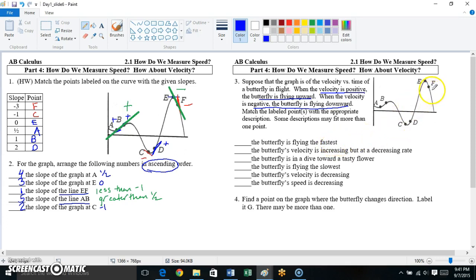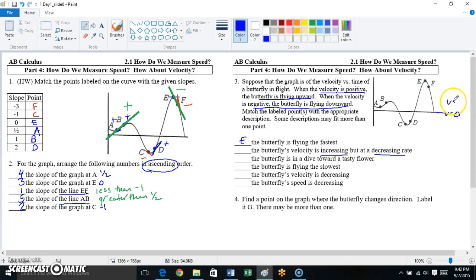All right, and I believe that happens at E. The butterfly's velocity is increasing, but at a decreasing rate. Okay, so if the velocity is increasing, right, first of all, here the velocity is 0.